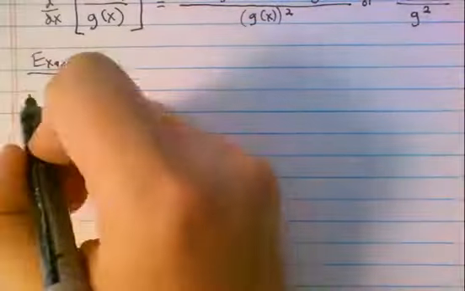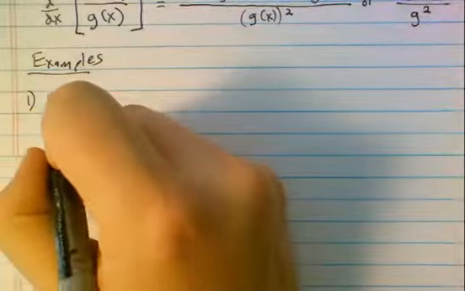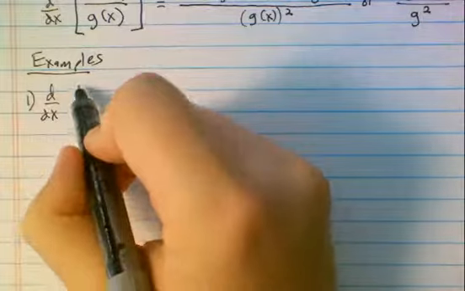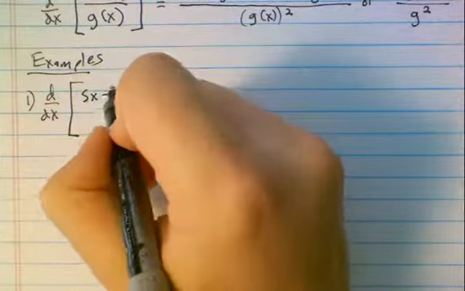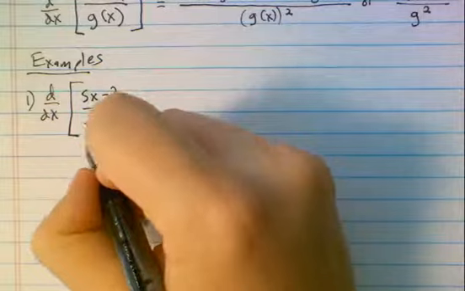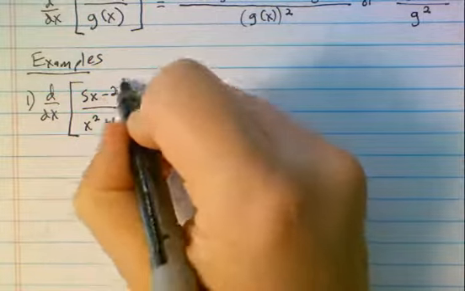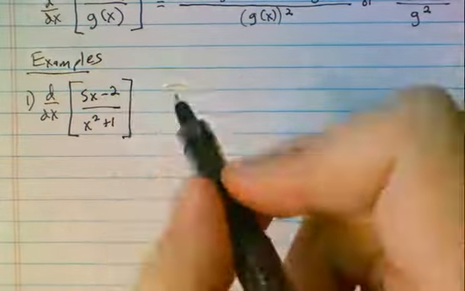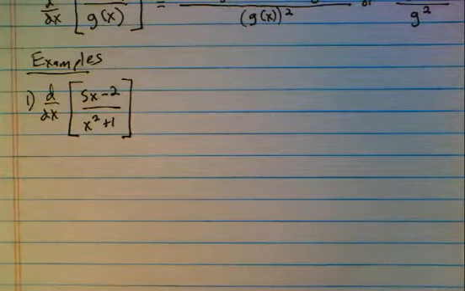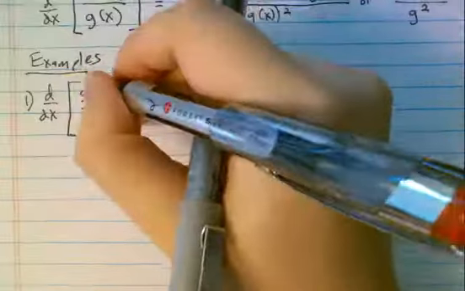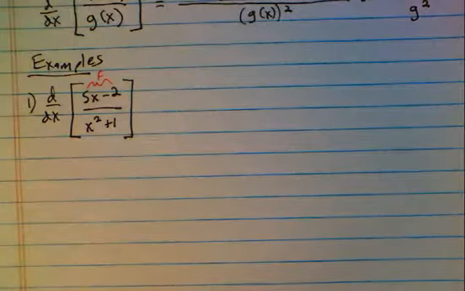So let's start off by finding the derivative of 5x minus 2 over x squared plus 1. And so here we have our f up in the top and our g down on the bottom.